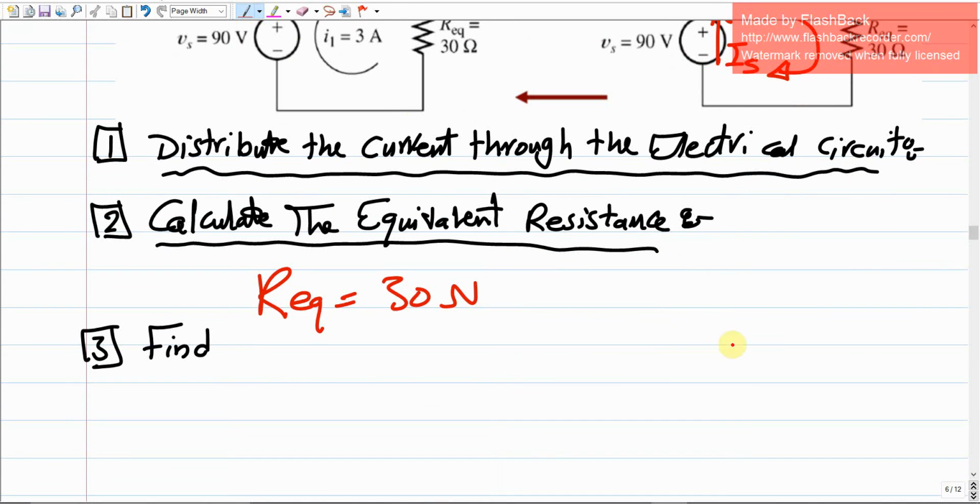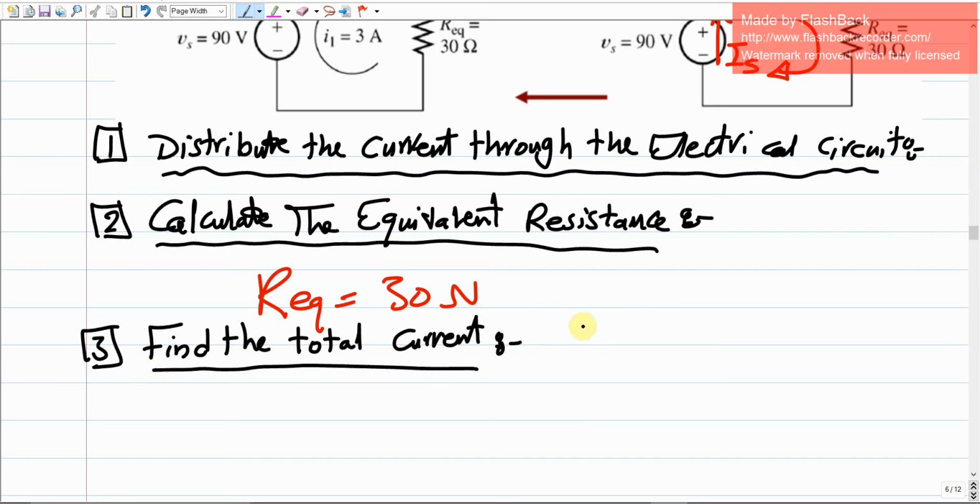So what I'm gonna do in step 3 is just find or calculate the total current of this electrical circuit. So the total current IS, if we apply Kirchhoff voltage law, it should be VS equals IS times R equivalent.